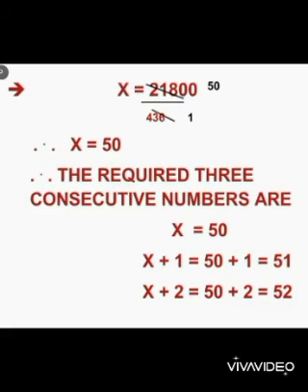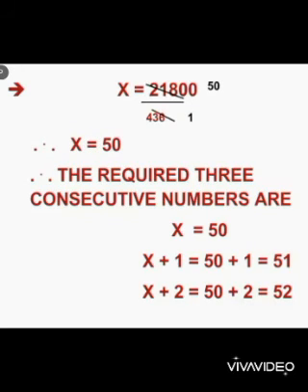So let us transpose 436 to the other side. So you can write this as x is equal to 21,800 by 436. Okay. Now let us cancel 21,800 with 436. 436 ones are 436. 436 fifties are 21,800. So you got the value of x is equal to 50.